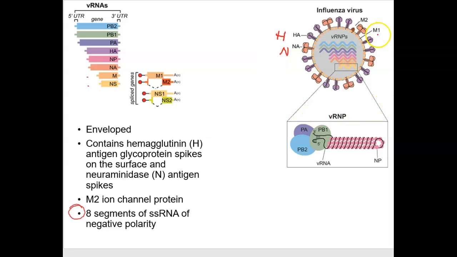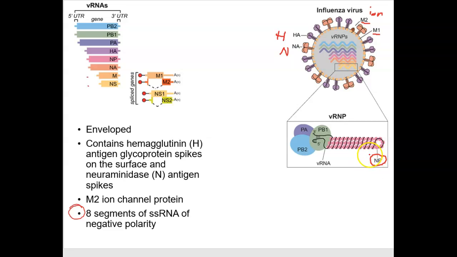Then we've got M1, and M1 is the most abundant protein, and this forms that underlayer right underneath the envelope. M2 is the ion channel. And then we've got our gene segments inside, and each gene segment is coated in the nucleoprotein.